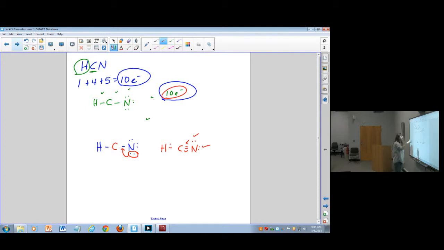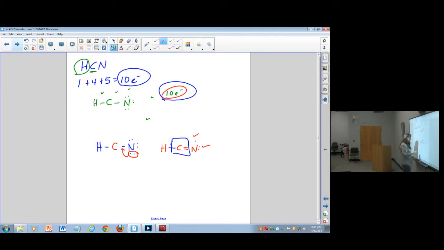Again, I've got 10 electrons, but how many electrons do I have around carbon? Well, I only have 6 electrons around carbon right now. 6 around carbon. Okay, so that's not an octet yet either.